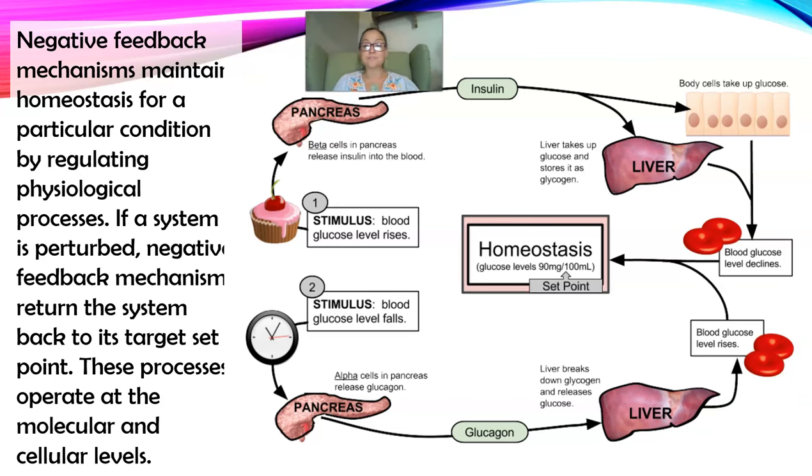A good example is insulin and glucagon. They're both ligands that attach to receptors that help the body respond to maintain a constant blood sugar. After a meal, if your blood sugar is high, your pancreas will release insulin, and insulin's receptor is a tyrosine kinase.